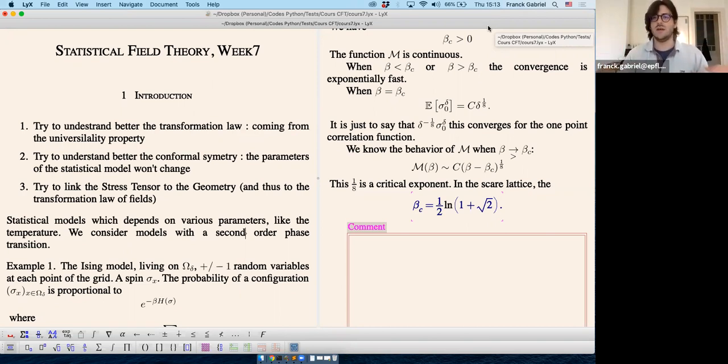You can understand why it's super important, because we have seen that if we have a field in CFT which has a certain dimension, then we know how the correlation decays when the points are far apart, and this decay is given by the scaling dimension of the field.